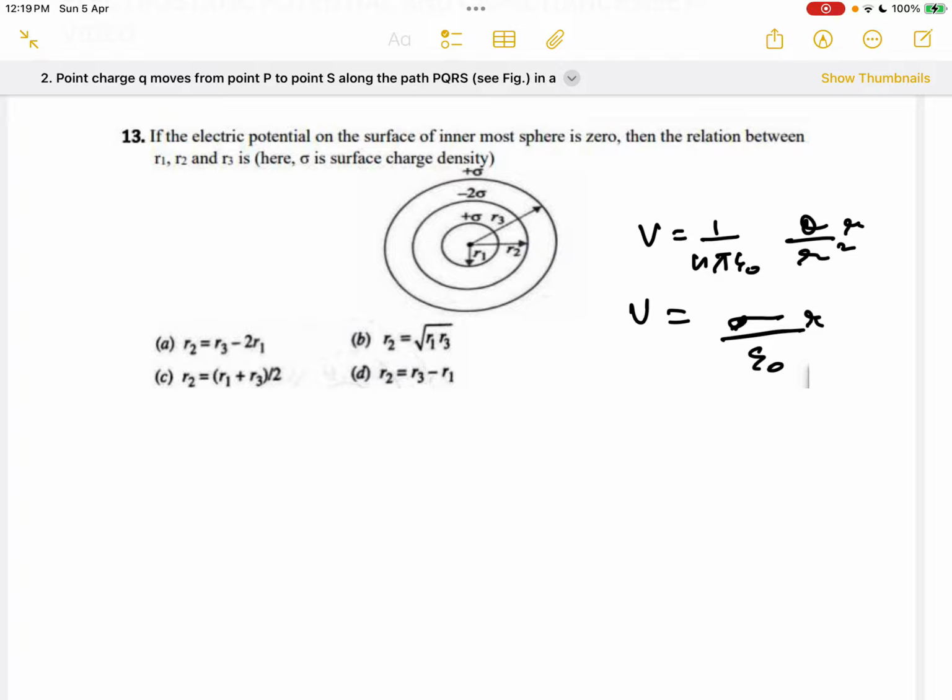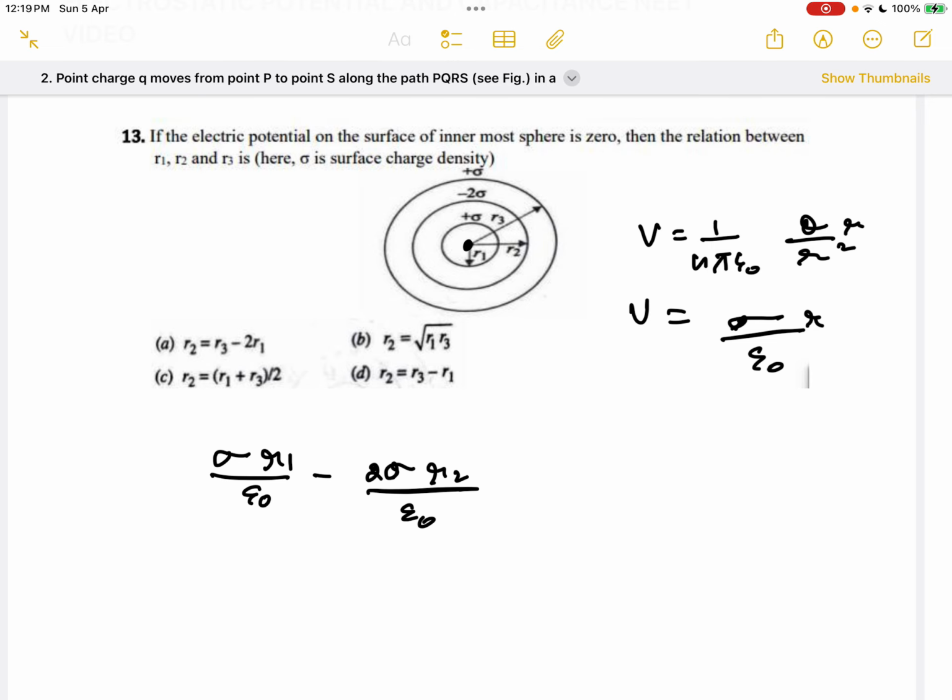Let's write down the potential at the center. We are calculating the potential at the center, which is basically 0. So the potential due to the innermost sphere is sigma R1 divided by epsilon naught. Due to the next sphere it is 2 sigma R2 divided by epsilon naught.